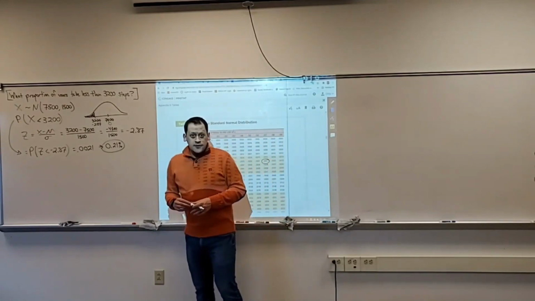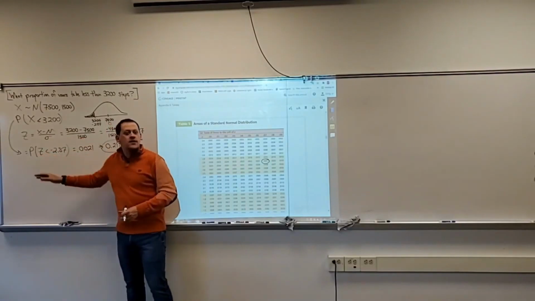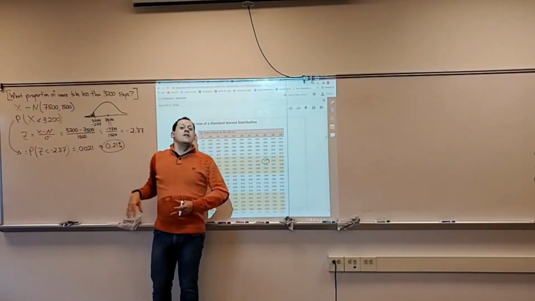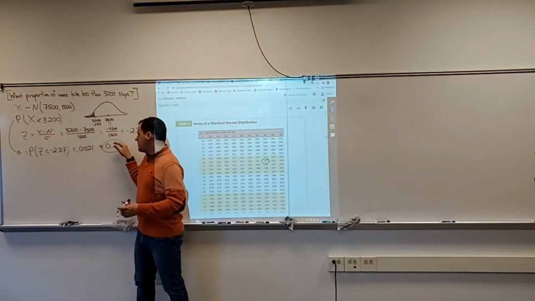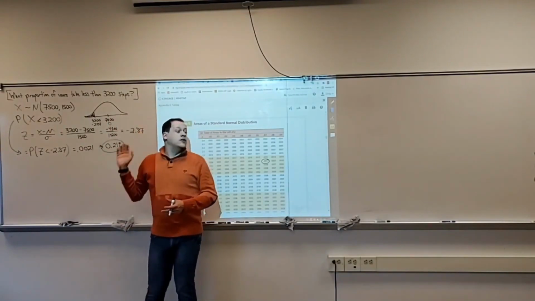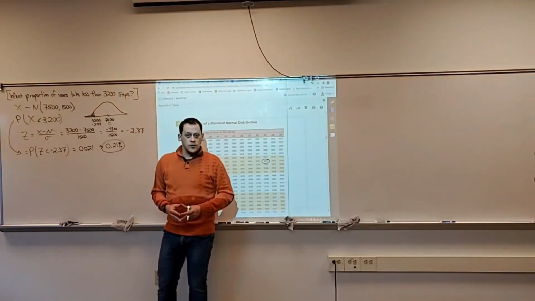So you'll find that if you're being asked for a less than, just like before, that is what the table will give you. If you were asked a greater than, you would still standardize. You would be shading to the right. And if you use the table, remember to do your 1 minus, like you normally would.